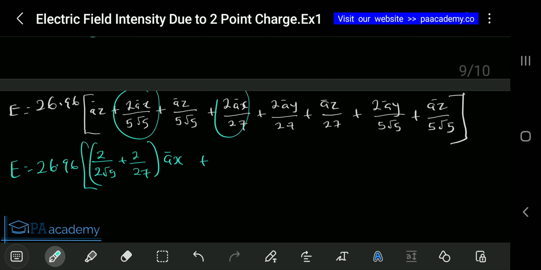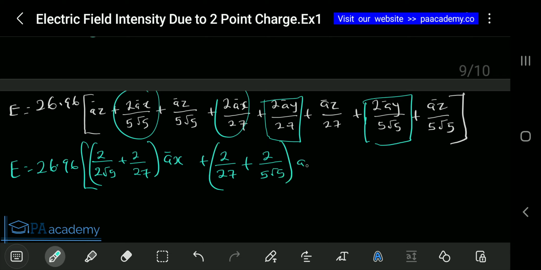Plus, let's look at AY. For those that are on AY, this is AY, and this is another AY. I think those two. That means we can write it as 2 over 27 plus 2 over 5 root 5, put it in a bracket, and we have the AY outside, because by the time we open these brackets, we are going to have this. Exactly. So for AZ, the remaining ones are for AZ.